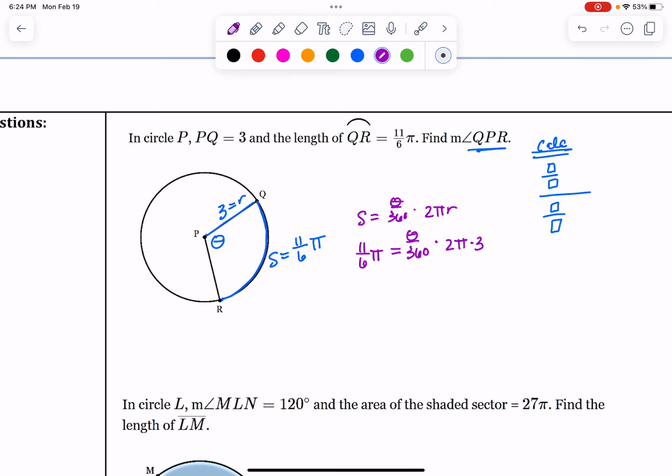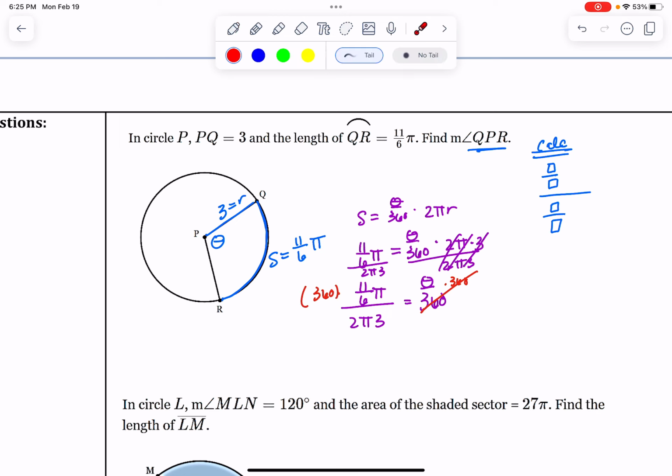So then I have 11 over 6 pi divided by 2 pi 3 equals theta over 360, because we divided by 2 pi 3. Now I have to multiply by 360 on both sides so that my denominator is gone. So I multiply by 360 in the numerator.